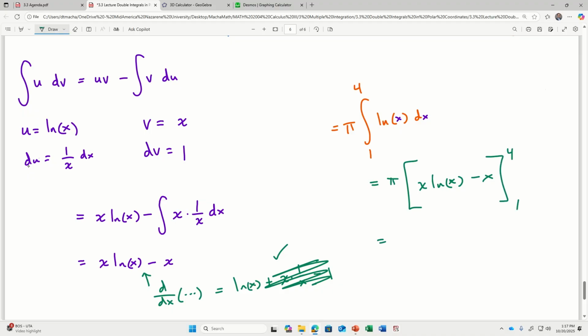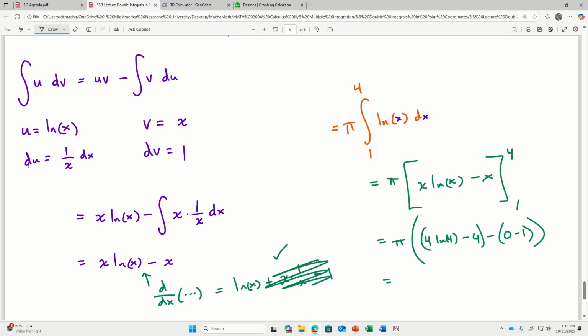And then we plug in our 4's. 4 natural log 4, minus 4, minus 1 natural log of 1. What is a natural log of 1? 0.